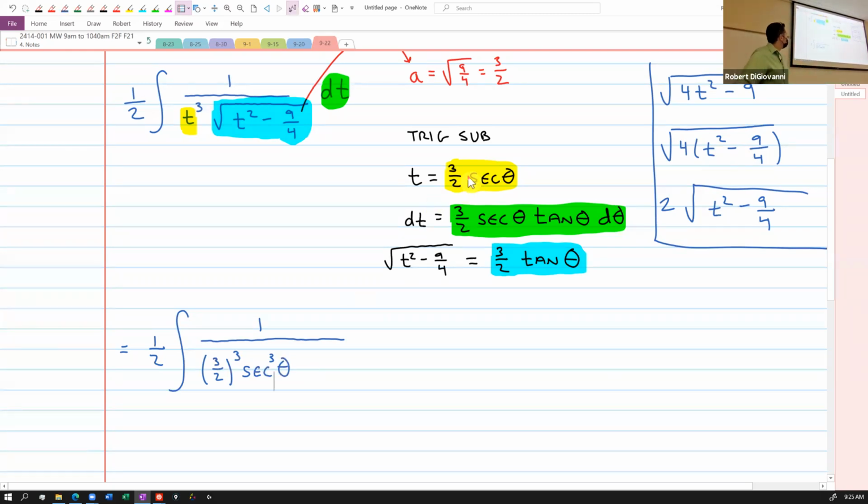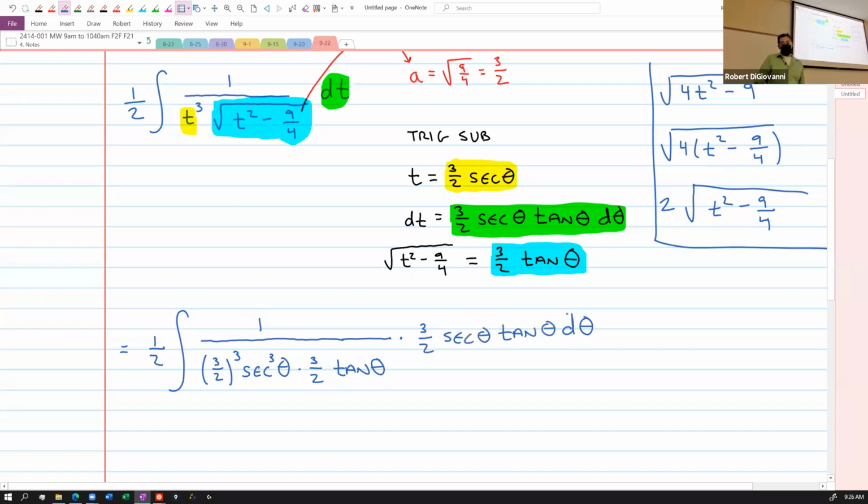That's the yellow part cubed. Y'all agree? Next to it on the bottom, I have the blue part, another 3 halves tangent theta. Then I multiply all that by dt, the green part: 3 halves secant theta tangent theta d theta.